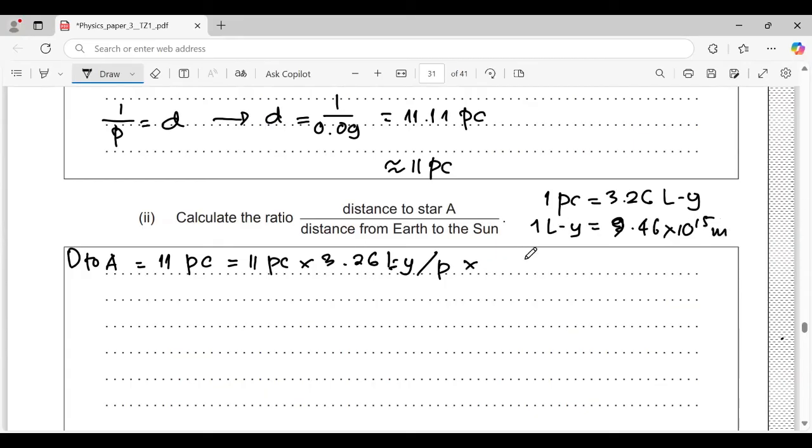So multiply 9.46 times 10 to the power 15 meters per light year. Right.